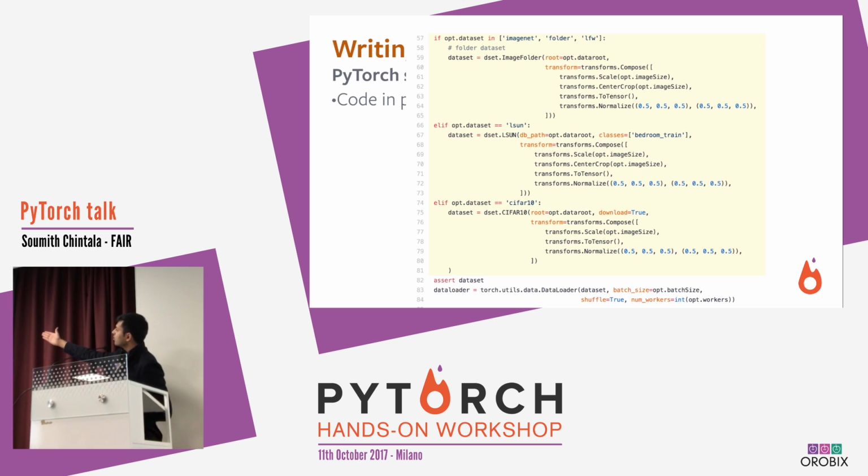So we create a data set, and in the data set you give the path to where your data set is, and then for the vision data sets you can give these things called transforms that describe how you do pre-processing of your input images. These are all of the common transforms that you would do. They're already in the vision package.